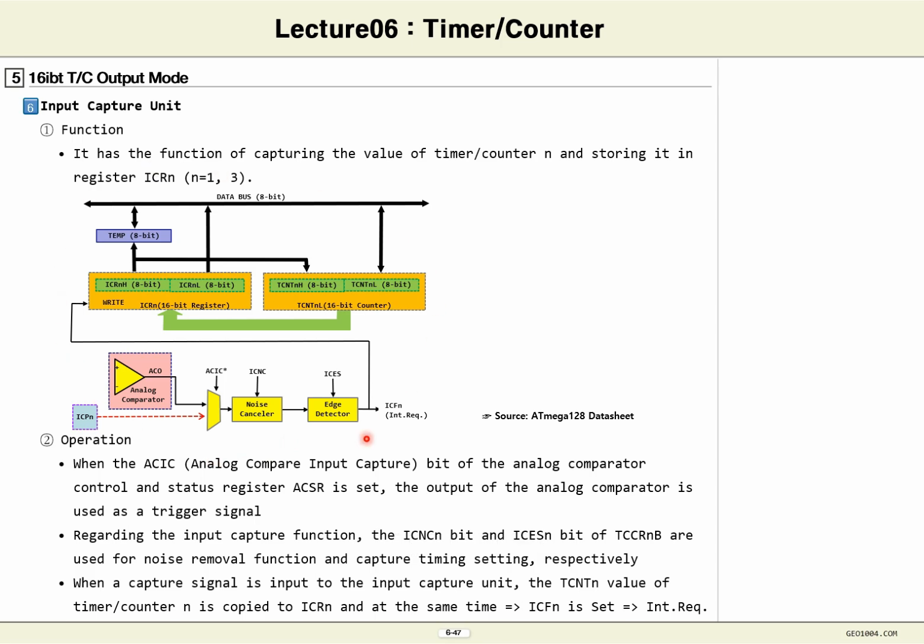As you can see, it can be taken from an analog comparator, or the value with optimal resolution can be directly written to ICPn through software. We will directly calculate and write the optimal resolution value in the ICPn register. Please note the operation of this process, which is received through an analog comparator as a reference.